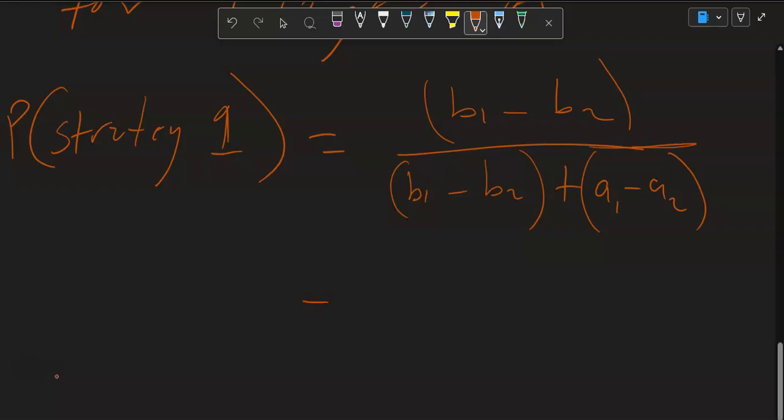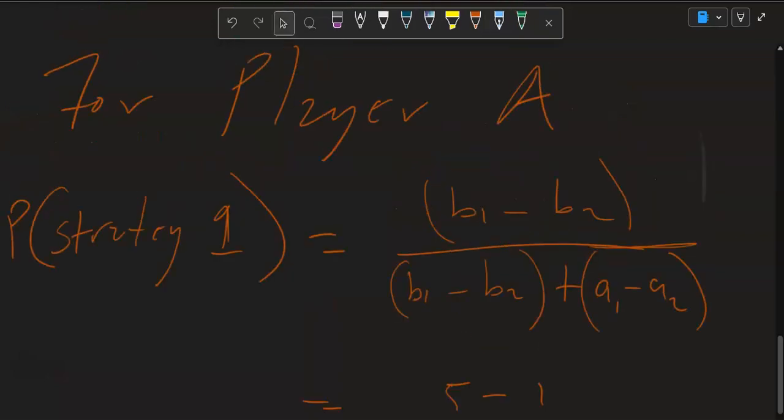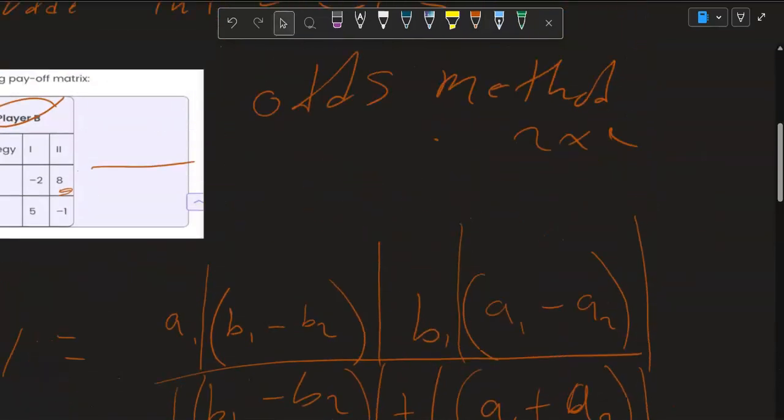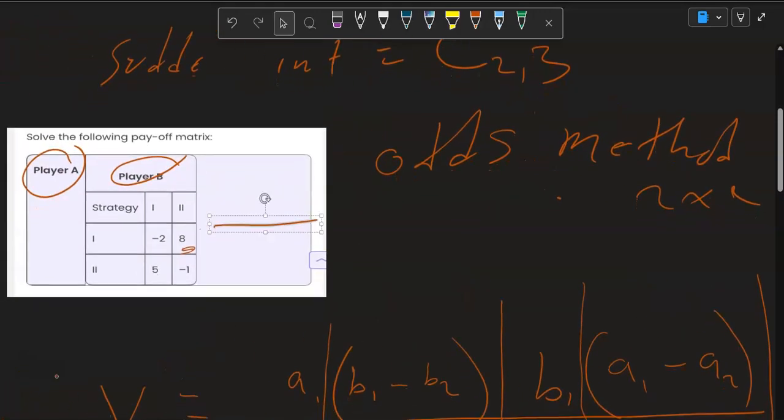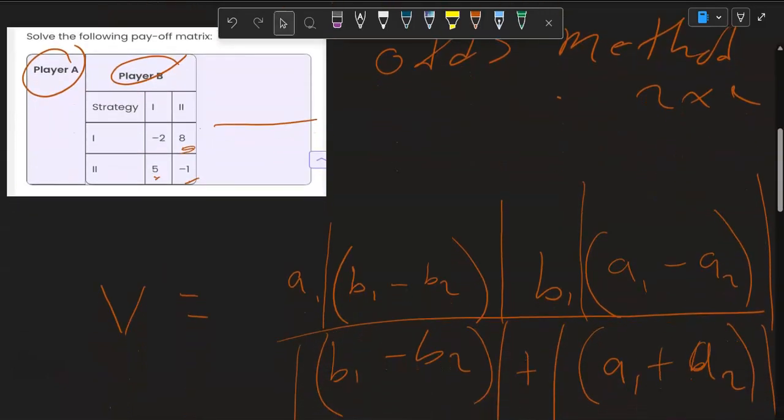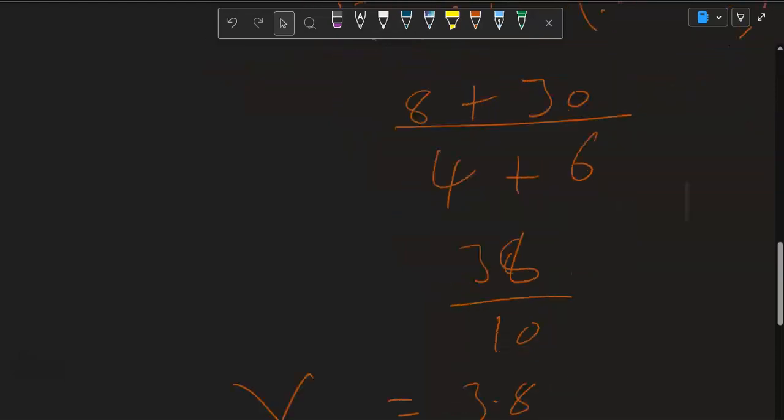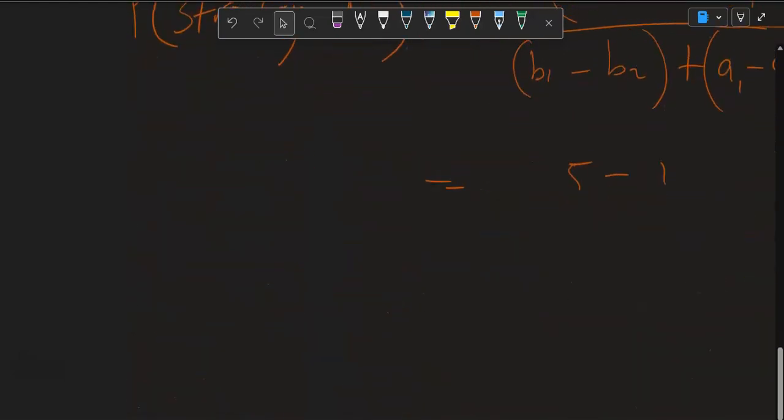So we can go back to the table and get our values. We know that B1 was 5, isn't it? That was 5. B2 was 1. Let me just confirm that. Yeah, we have B1 5 and B2 1.